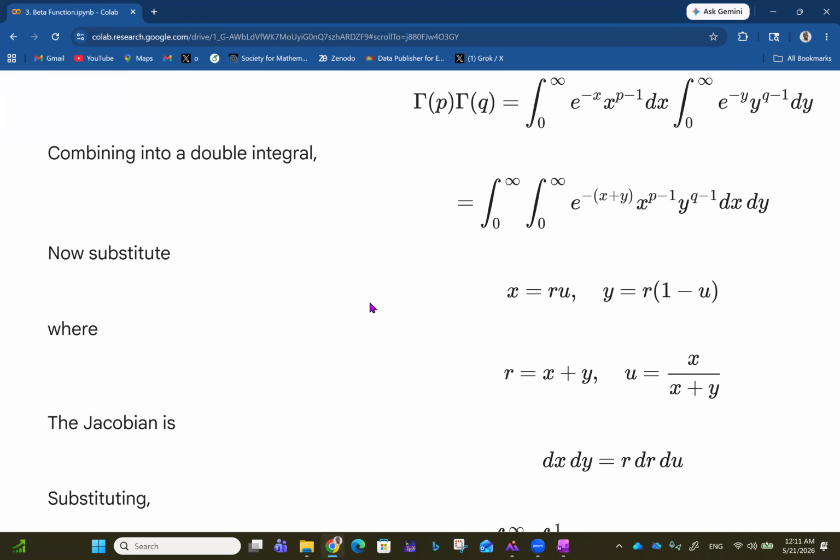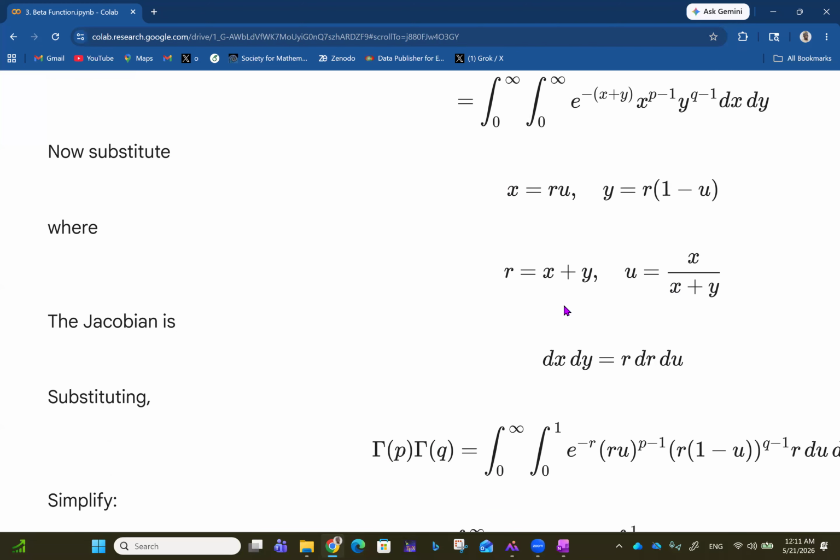Here r is x plus y and u is x over x plus y, right? So you have x to be ru, and then y is equal to r into 1 minus u, and r itself is x plus y, and u is x over x plus y. If you get the Jacobian of that, dx dy will be r dr du.